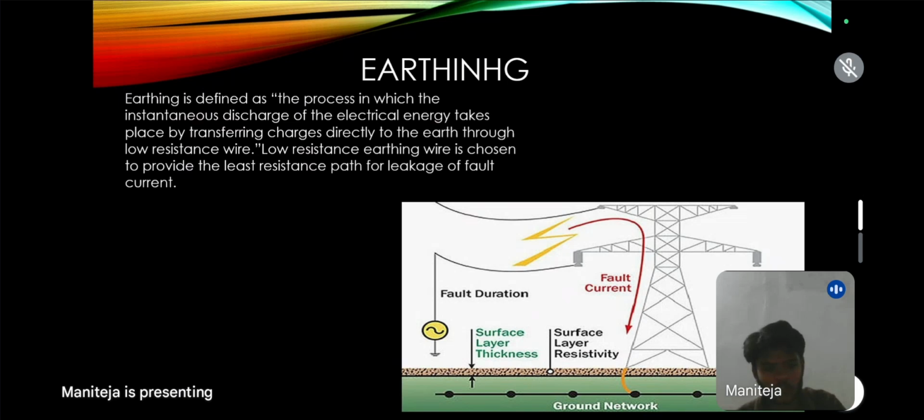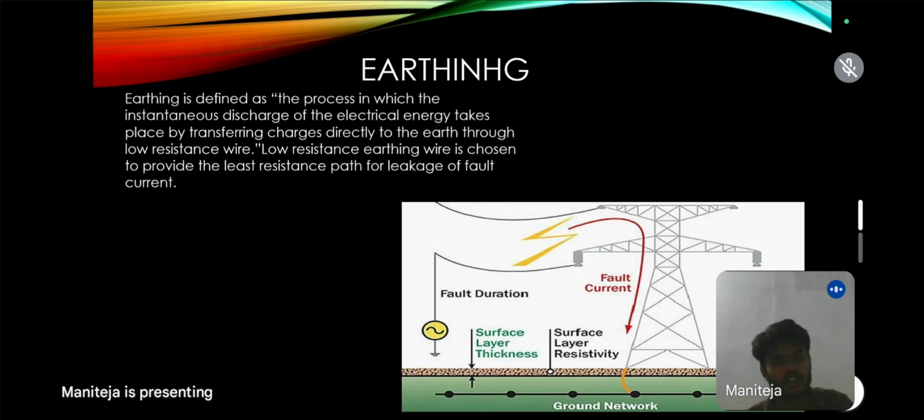Now we go with an important thing, earthing. Earthing is defined as the process in which instantaneous discharge of electrical energy takes place by transferring charge directly to earth through low resistance. A low resistance earthing wire is chosen to provide the least resistance path for fault current to leak.